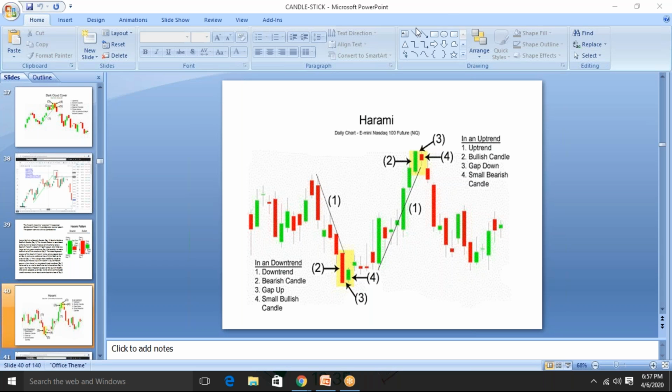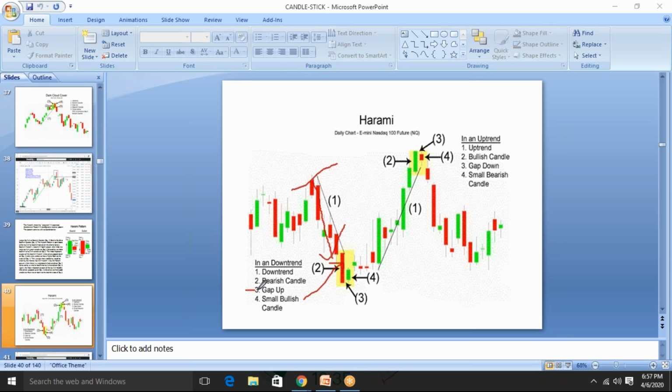So see, what is the condition of bullish harami? There should be a downtrend in market. This is the case of bullish harami. First condition, there should be a downtrend in market. And there should be one bearish candle. This is the second condition. And what is the third condition?